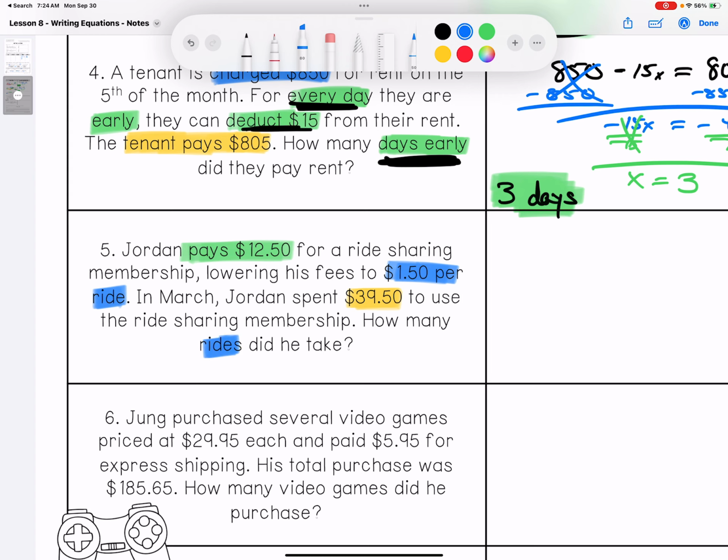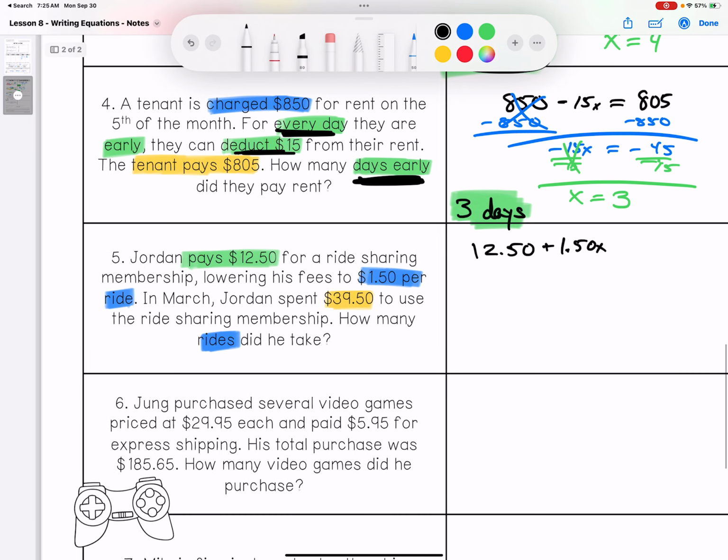So rides, blue, is x. He paid $12.50 plus $1.50 per ride, which is 1.50x, equals the total, which was $39.50.